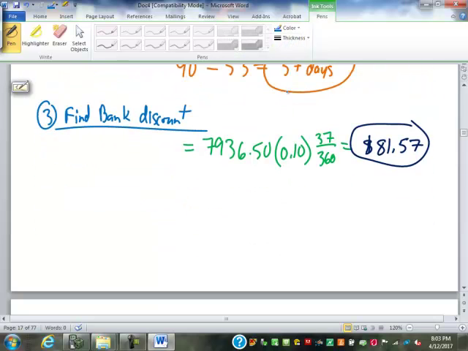Step 4. Find the proceeds. I don't even remember who the name was we were dealing with here. It is Al's, apparently.